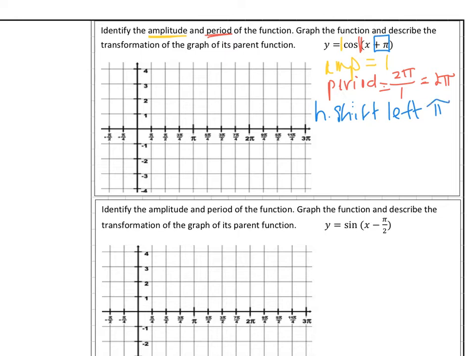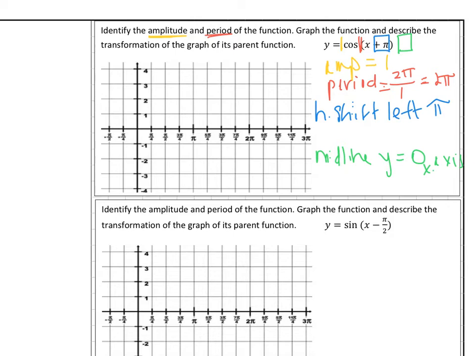So we are going left pi for our horizontal shift. And then we've got our midline as always. We want to look at that. The midline is whatever number is added or subtracted out here in the end. In this case, there is no number that we see, so we know our midline's not going to shift. It's going to stay at the x-axis.